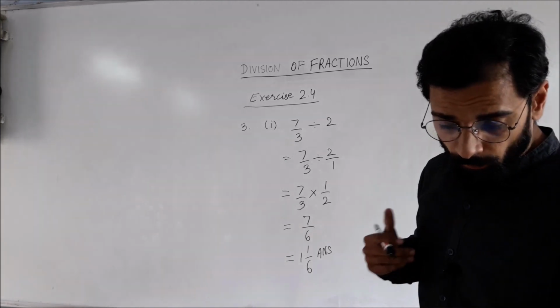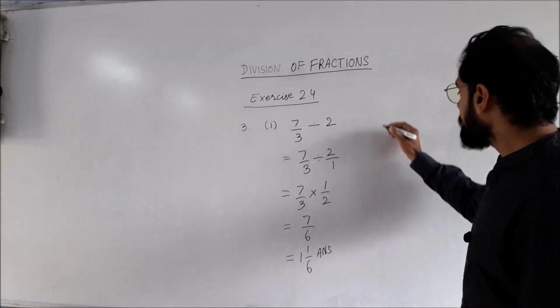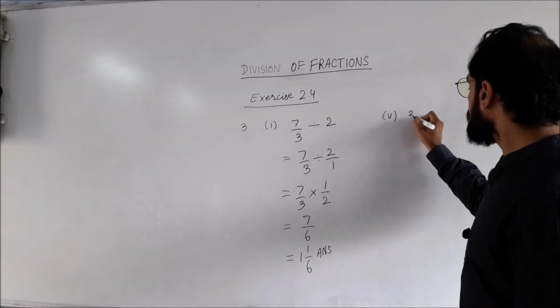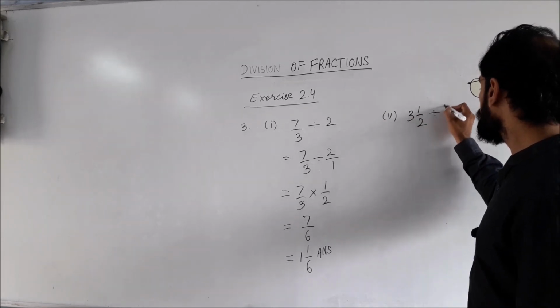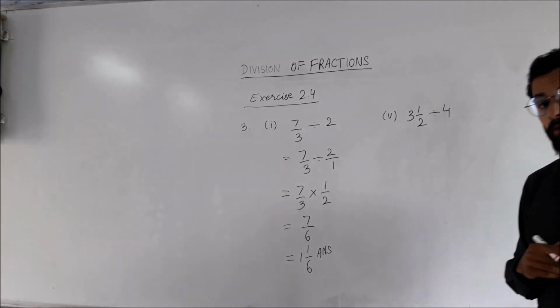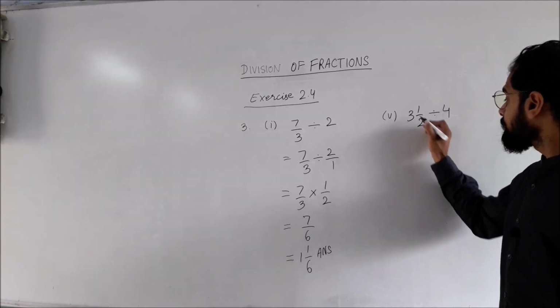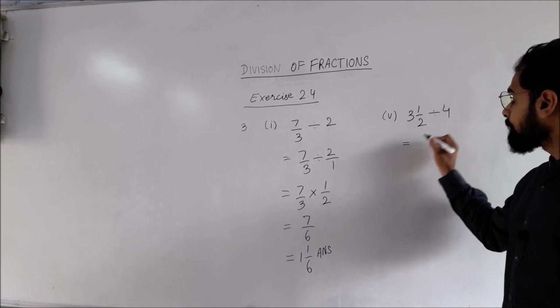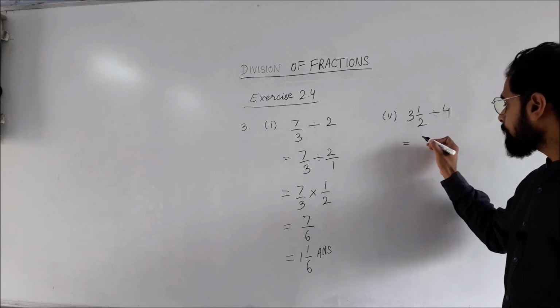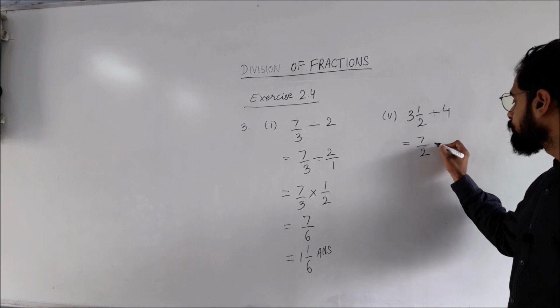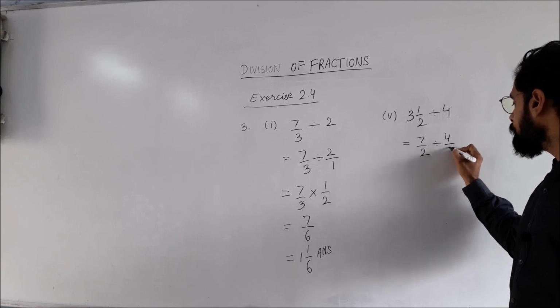Let us do one more part from this. Its fifth part, in which we are dividing the number 3 and 1/2 by the whole number 4. Now 3 and 1/2 will be written in improper form as 7/2, and 4 will be written as 4/1.